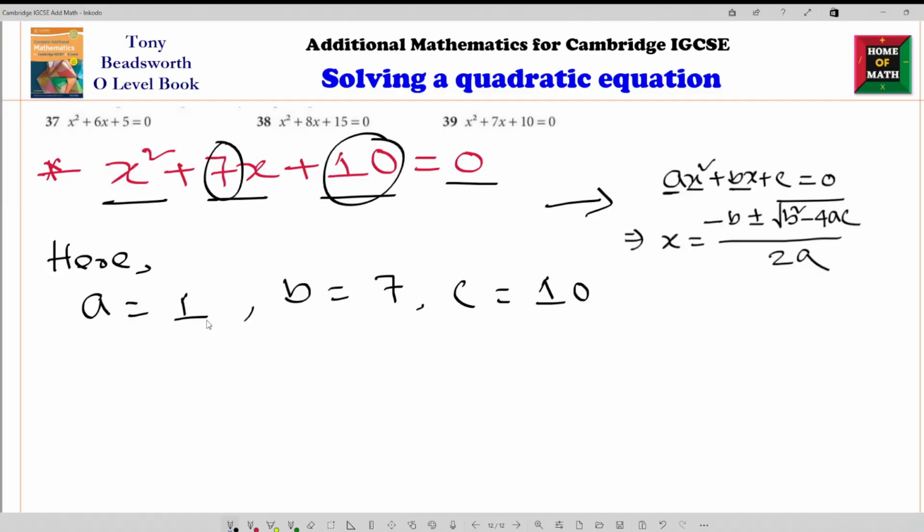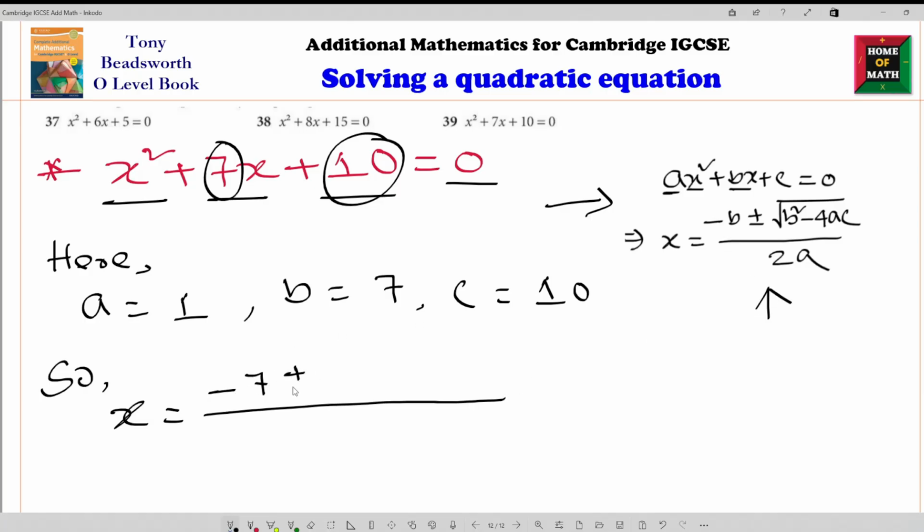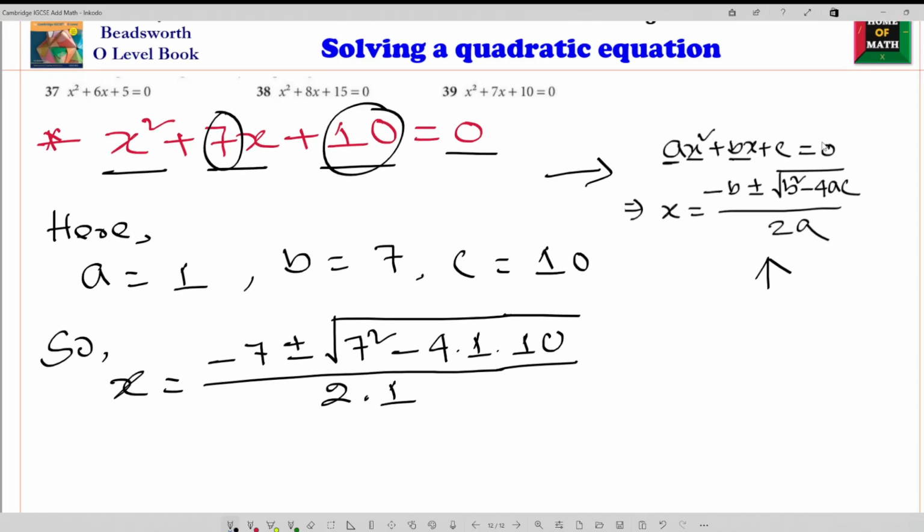So x equals, first we have to put the values in here, which is minus b means minus 7, plus or minus root b square, it means 7 square, minus 4ac, 4a means 1 and c means 10, right? Divided by 2a, 2 times 1, right?